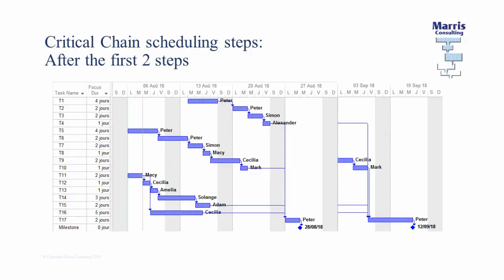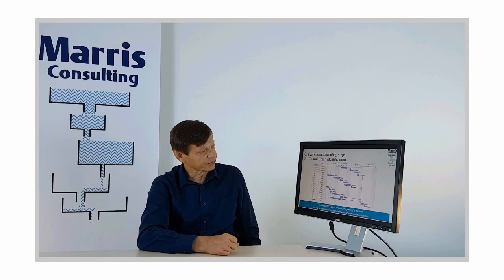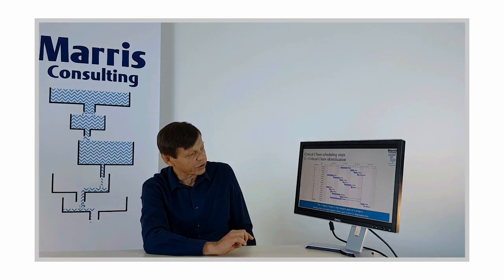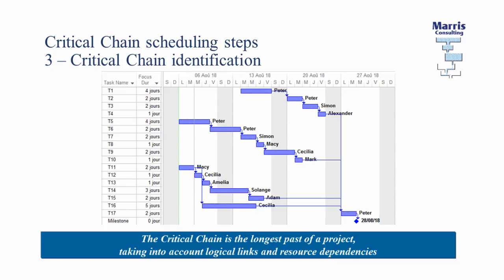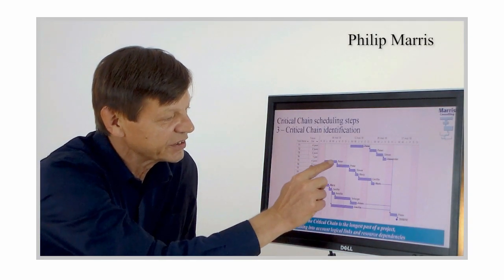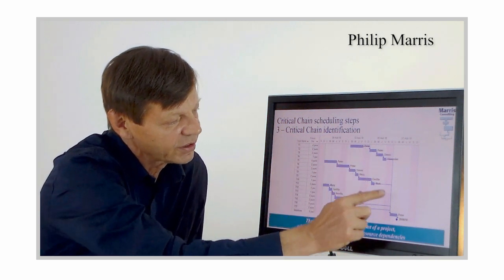Let's have a look at the third. The third one is to identify where the critical chain is, okay? And in fact, it's there, but until you've learned the critical chain you probably won't be able to see it. What is the critical chain? The critical chain is the longest path of a project, and it takes into account logical links and resource dependencies, right? So here there's a dependency of a resource, and then there are dependencies of tasks, okay?